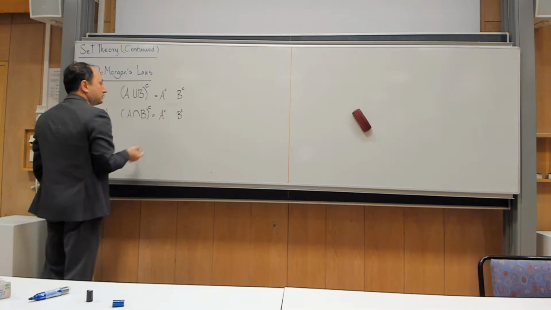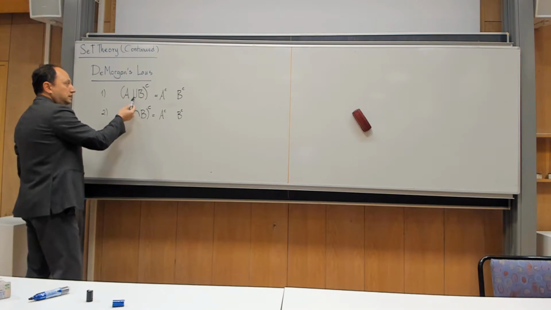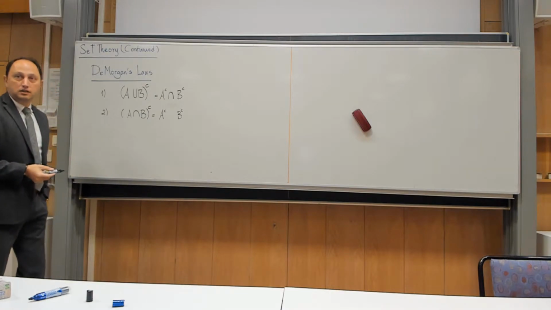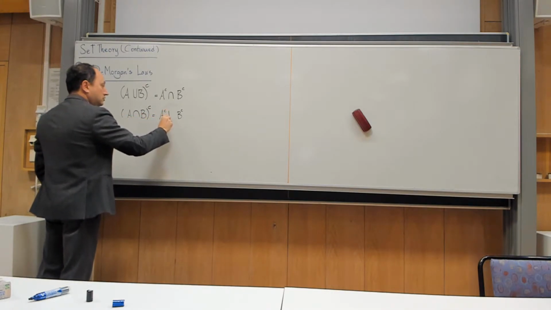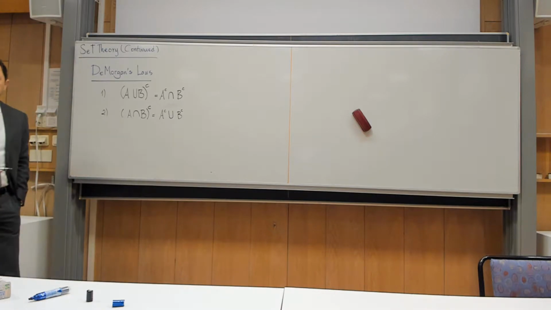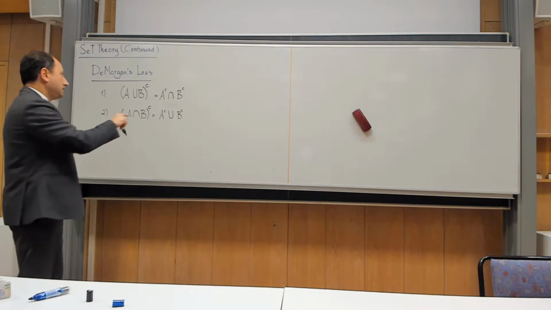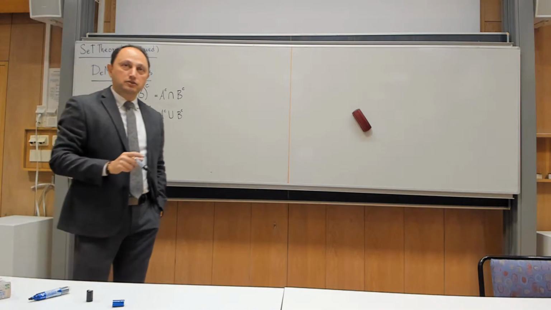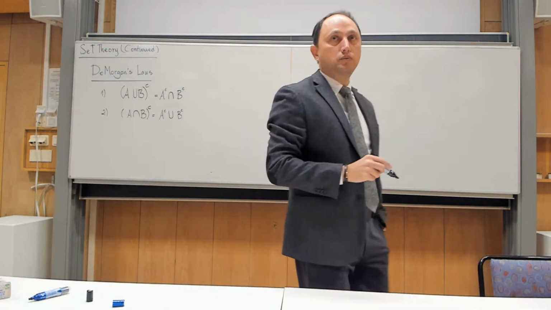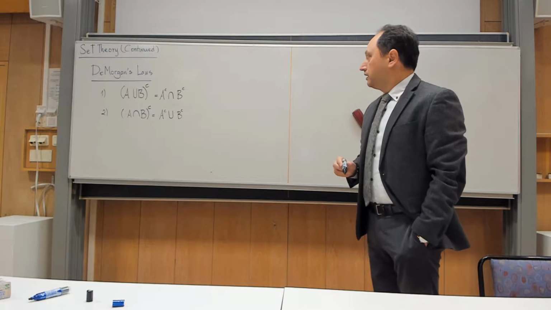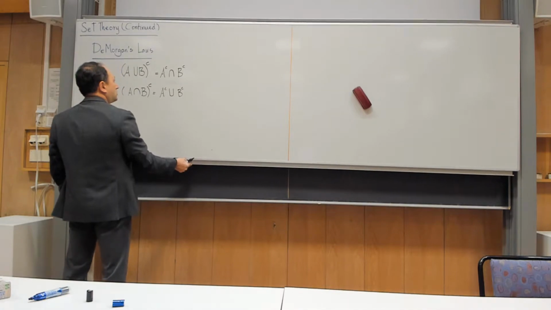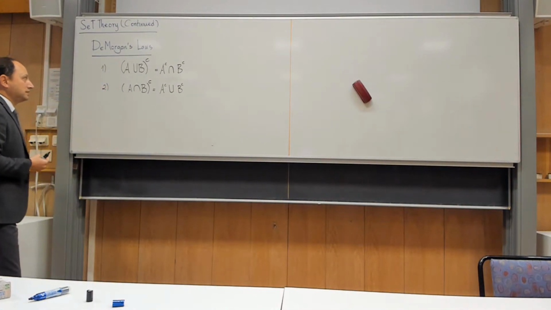But something nice happens: if you are unioning the sets, it turns into an intersection, and if you have an intersection, it turns into a union. It is not trivial that you just flip in the complement on each. You have to respect this rule that every union should be turned to an intersection and every intersection to a union. We can prove it mathematically, of course.